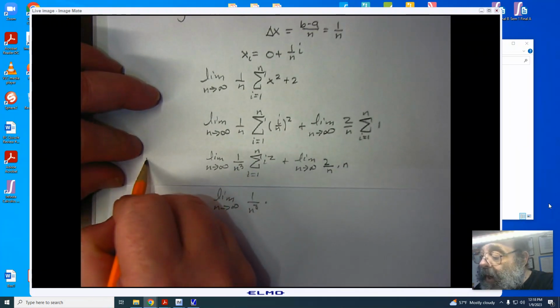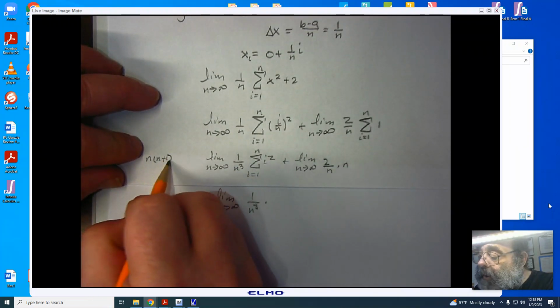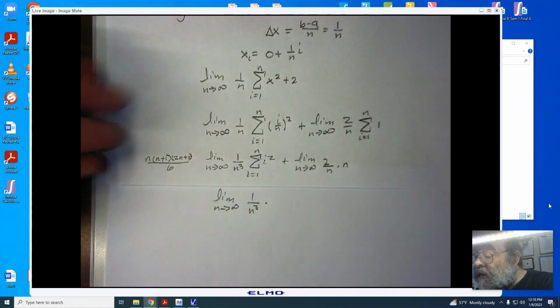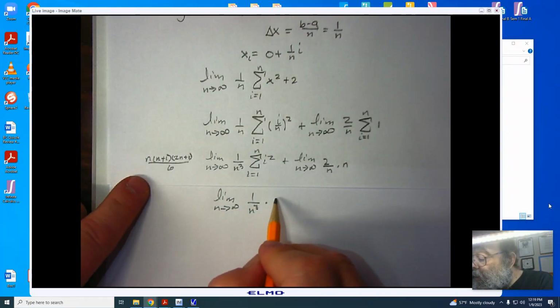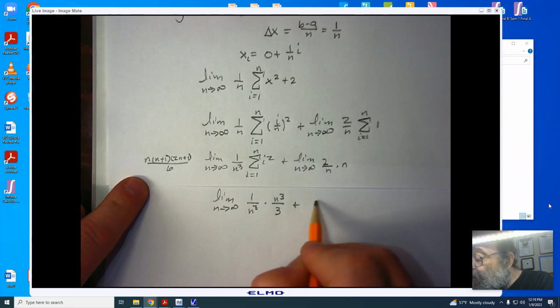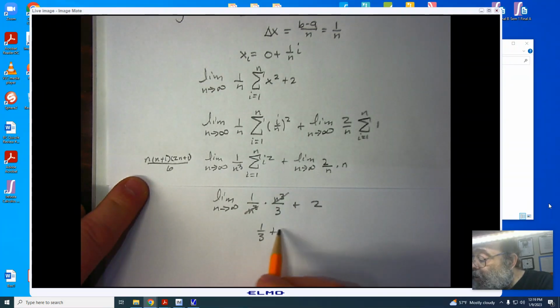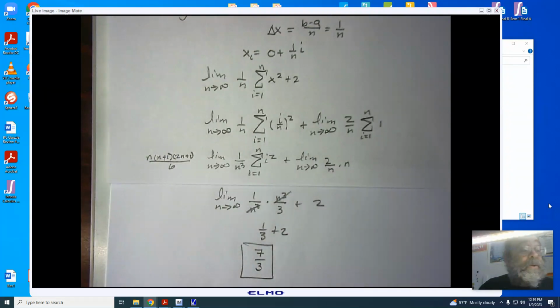Let's write this down: n plus 1, 2n plus 1, and this was divided by 6. There we go. And this is going to give me n cubed over 3, plus 2. Simplifying this, 1/3 plus 2, and my answer is going to be 7/3. And that is my answer for number 47.